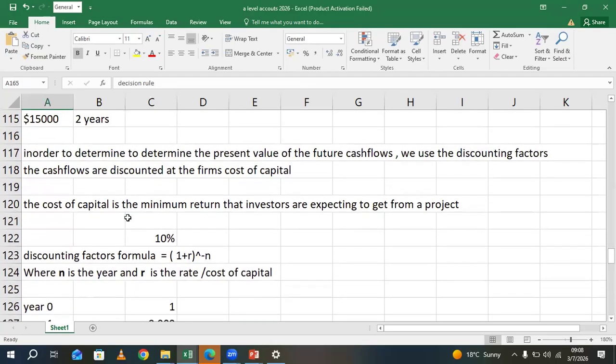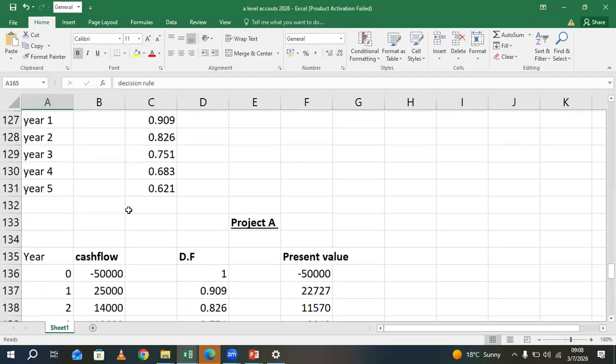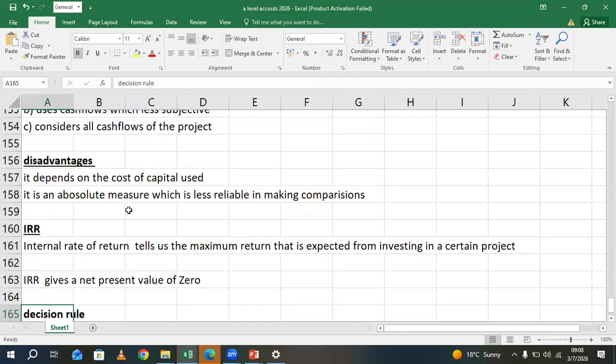So if the maximum we are expecting to get is higher than the minimum, then we accept the project.